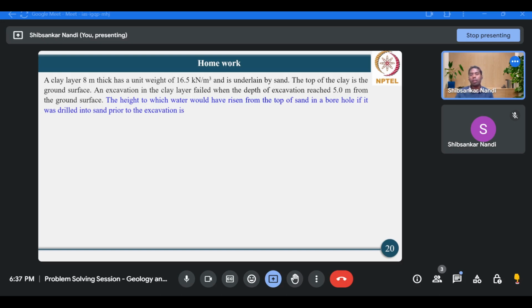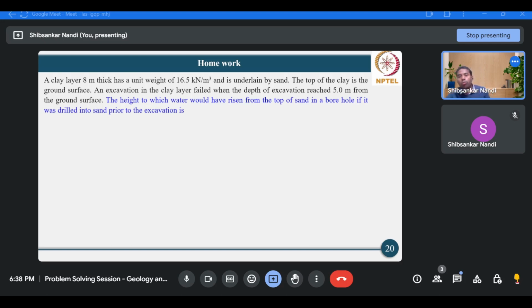The top of the clay is the ground surface, and excavation in the clay layer failed when the depth of excavation reached 5 meter from the ground surface. The height to which water would have risen from the top of sand in a borehole if it was drilled into sand prior to the excavation is asked. So indirectly in this problem as well, we have to basically determine the water table location to answer this question.